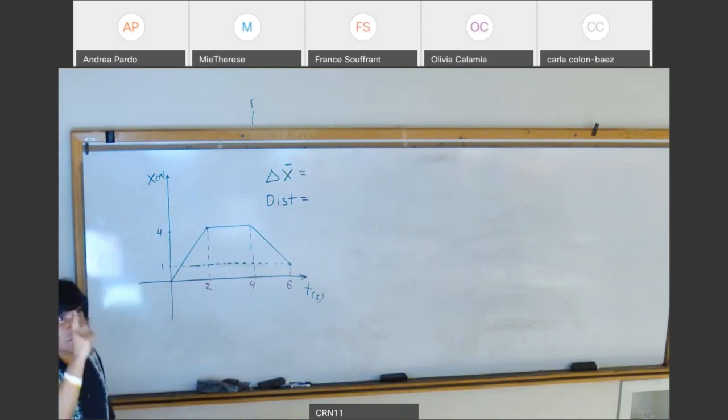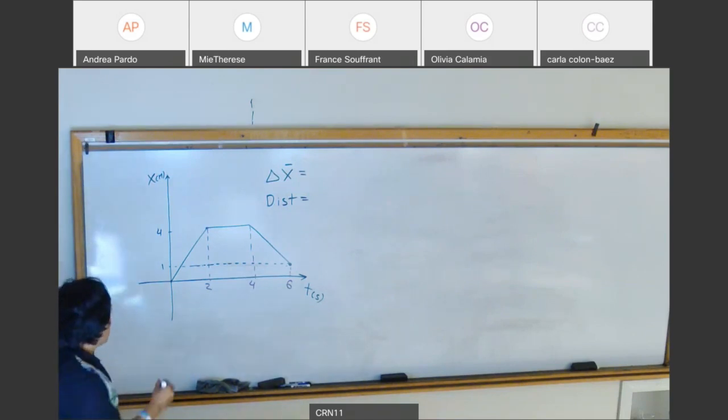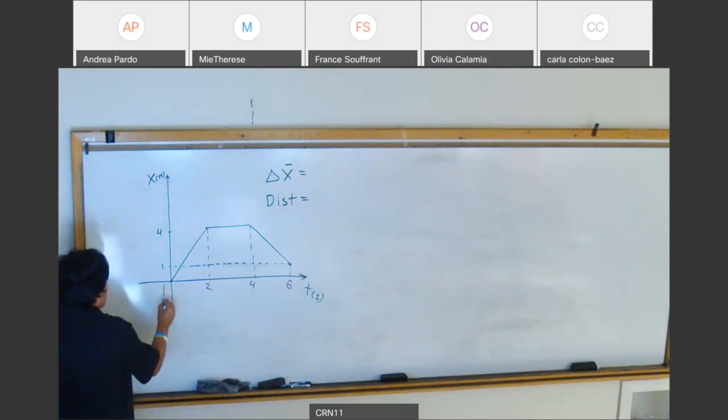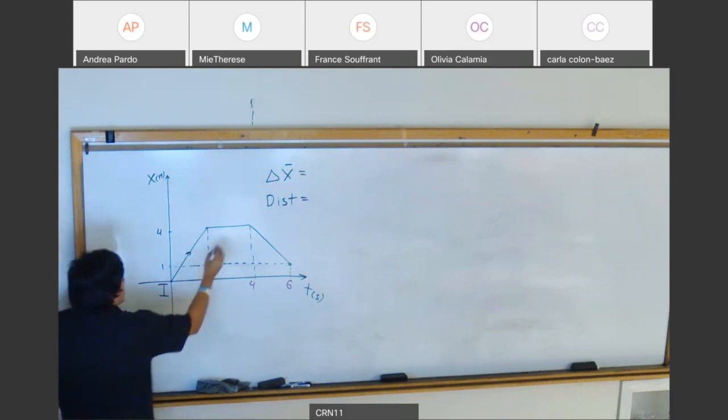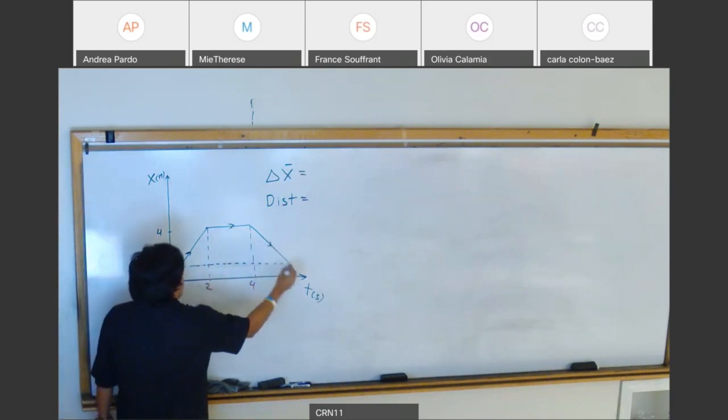Okay, so what's the distance and what's the displacement? This was the initial position, and this was the final position.